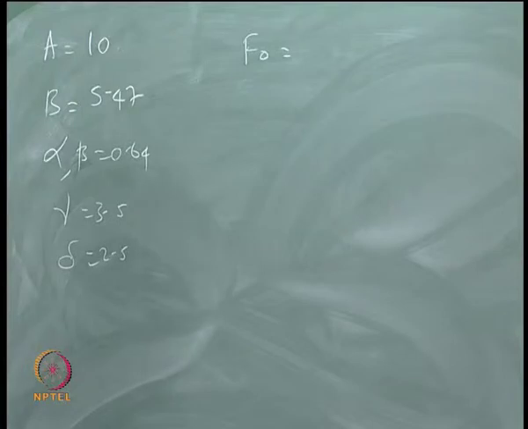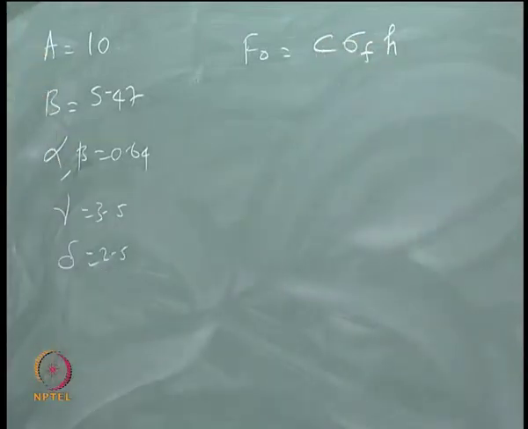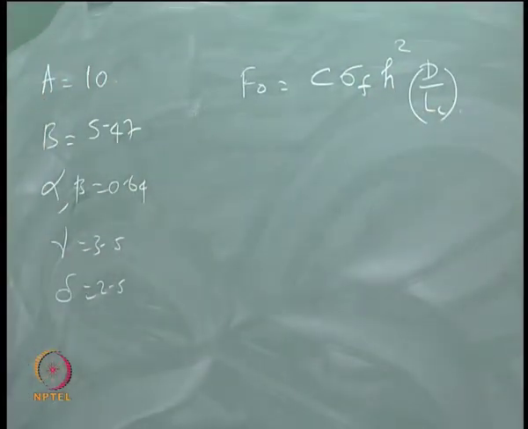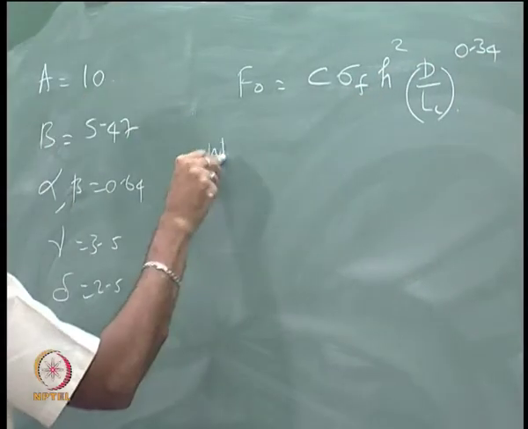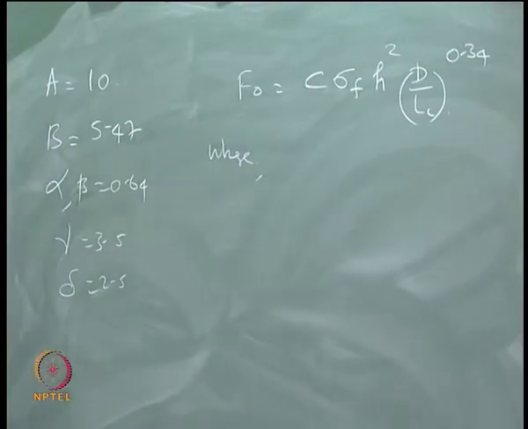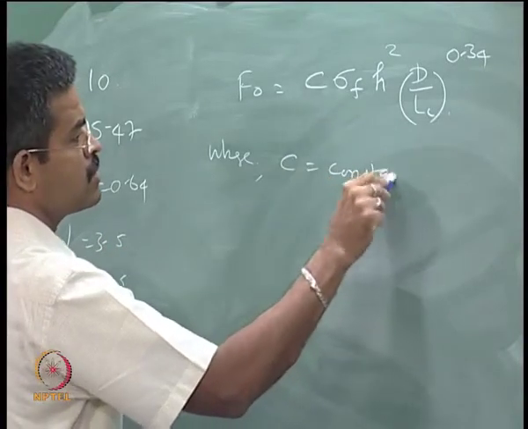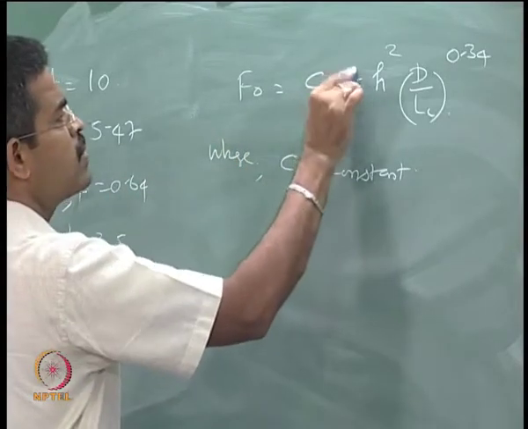F naught is the force amplitude on the structure which is given by C sigma F H, where C is again a constant depending upon the type of the structure.